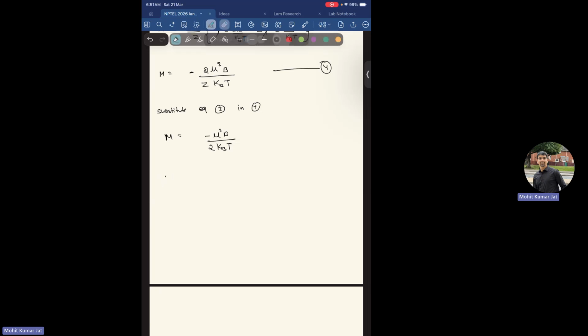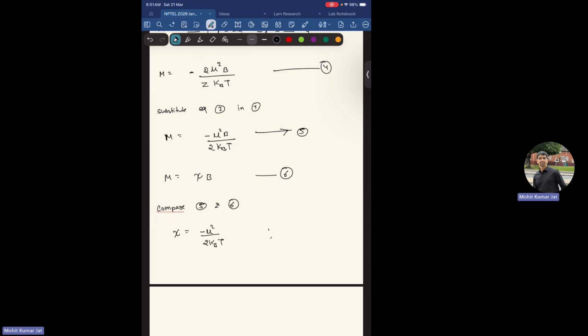If we write it as M is equal to chi B, and compare these equations, chi will be minus mu square by 2 kBT.